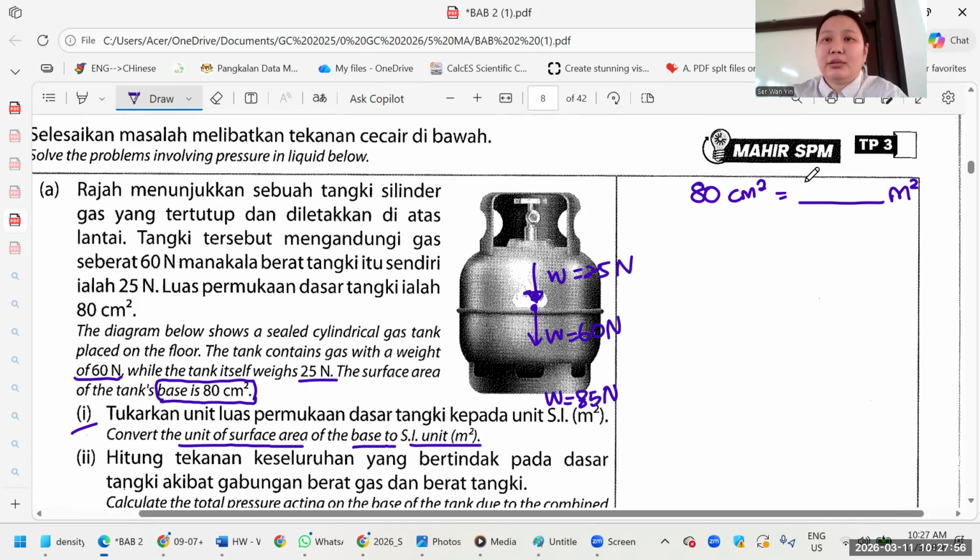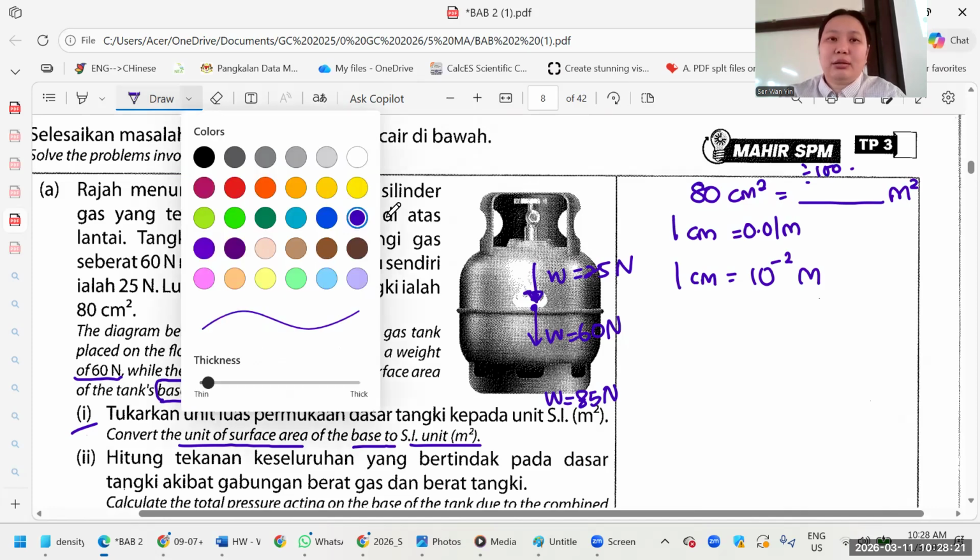Let's check first: 1 cm equals how many meters? 0.01. Agree? Now can you write it in index form? 10 powers of negative 2. Congratulations.